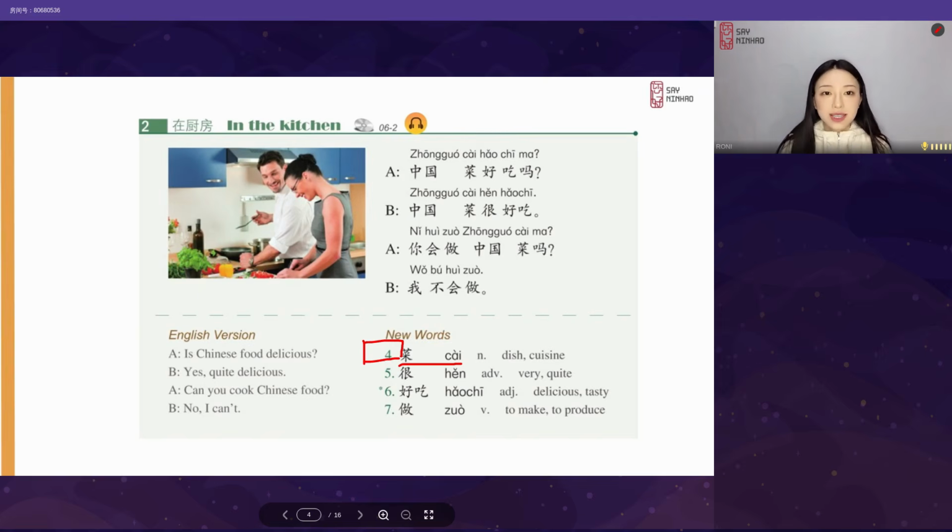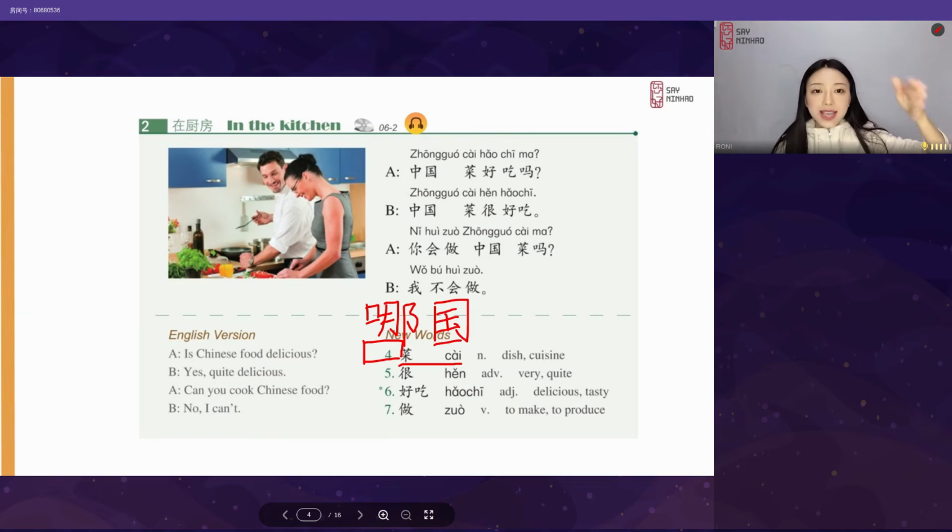Okay, so how to ask about which country's dish? Still remember how to say which? We've learned it before. Which is 哪, and country is 国. So which country's dish is actually 哪国菜, okay? 哪国菜.